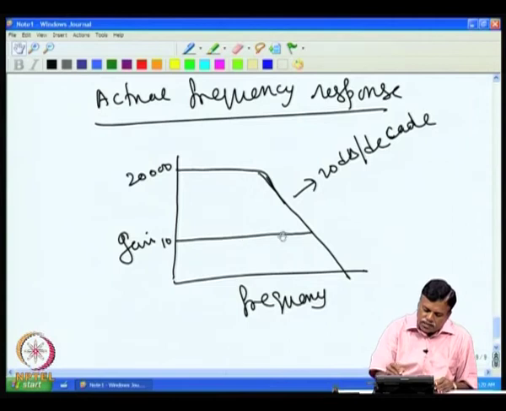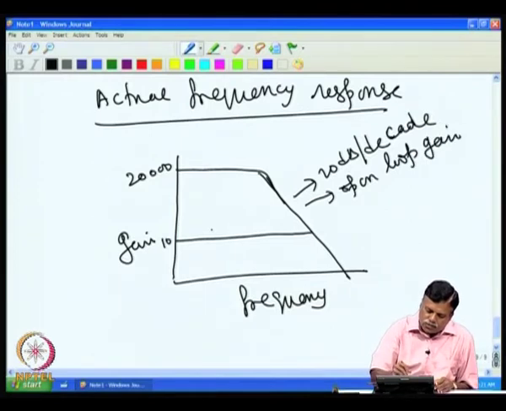As you increase the frequency, at one point it meets the open loop gain frequency response. This is the open loop gain, and this is the closed loop gain.